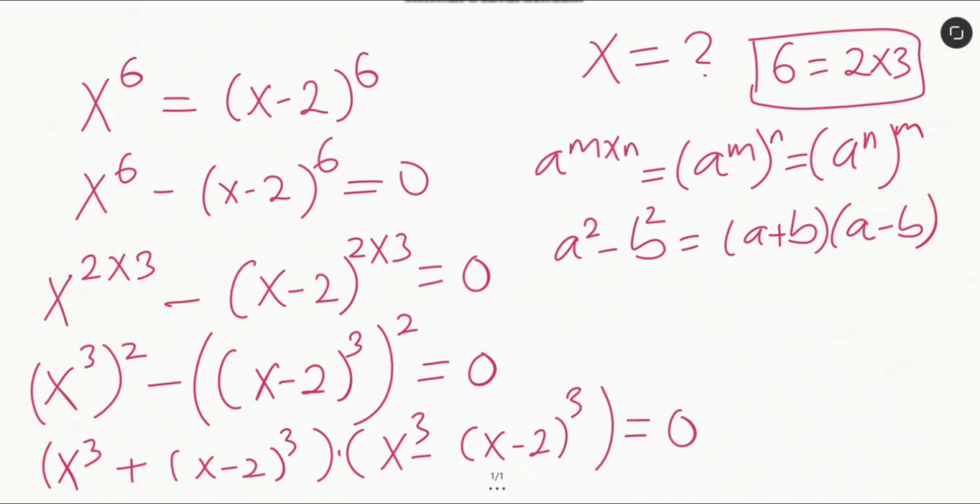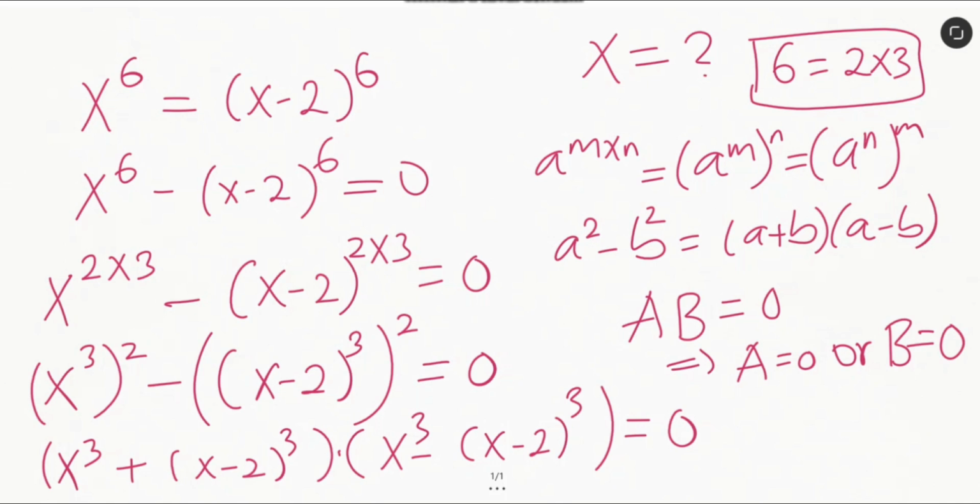But remember that when we have AB equal to 0, this implies that either A equals 0 or B equals 0.